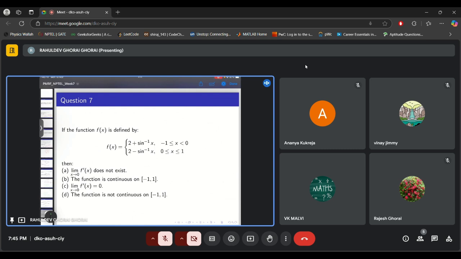So what happens when x tends to 0? It is continuous, right? So continuity is not a problem. The function will be continuous, but what about f prime x?